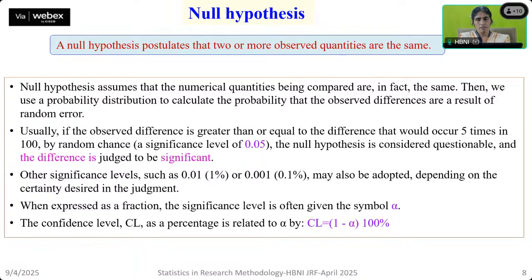Then we use the probability distribution functions as per the requirement, whether continuous or discrete. We apply the required formula and calculate the probability that the observed differences are due to random error or due to any systematic error.